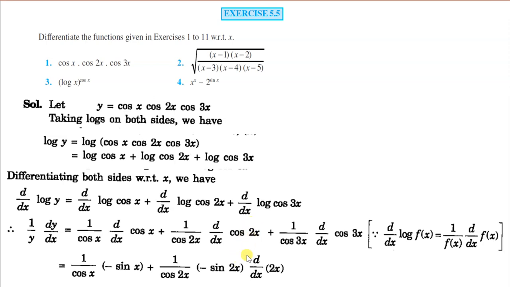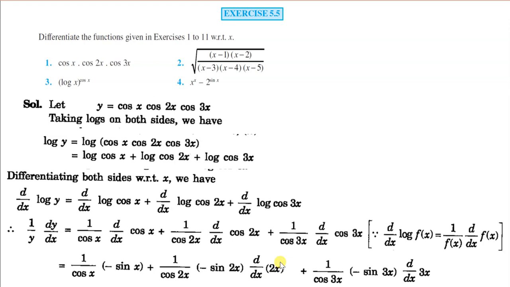Again here we have used the chain rule, because it is a function of x, not simply x. And similarly in the third term, derivative of cos 3x is minus sin 3x multiplied by d/dx of 3x.